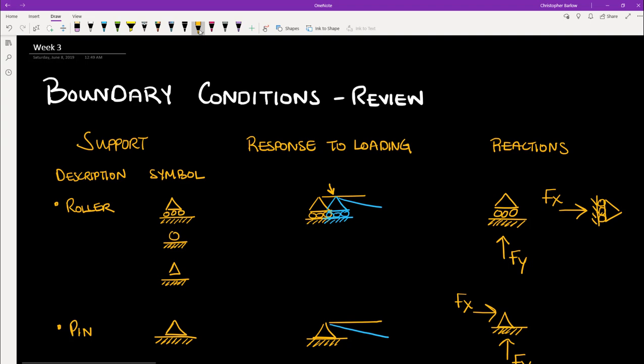However, the roller will allow the member to translate horizontally as well as rotate freely. And so we only have one reaction in the vertical direction, or we can also turn the roller on its side, like this. And in this case, the roller only provides restraint against lateral translation.